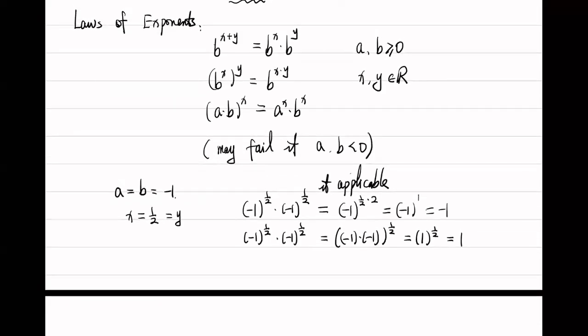Okay, so if we are being a little bit careless, if we allow negative bases for fractional powers, so here we apply this law because it's the square of the same thing. We get a -1. We apply the third law for the same thing, we get a 1.